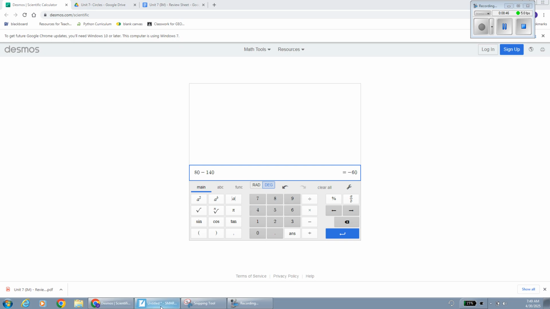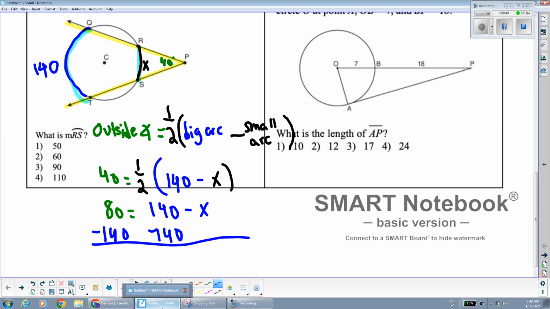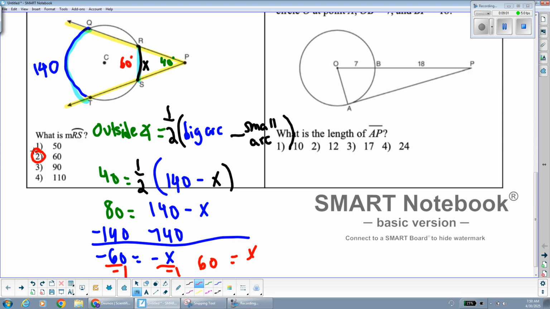And that's negative 60. And then dividing by negative 1, we have x is equal to 60. And that represents the arc that we're looking for. So the measurement of arc RS is 60 degrees.